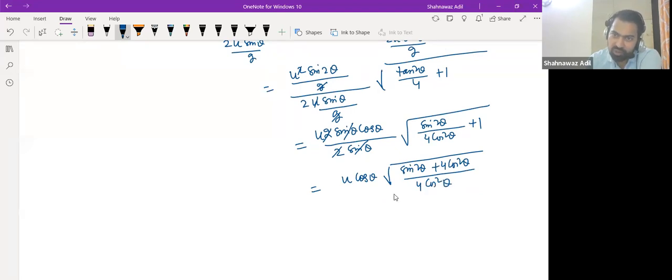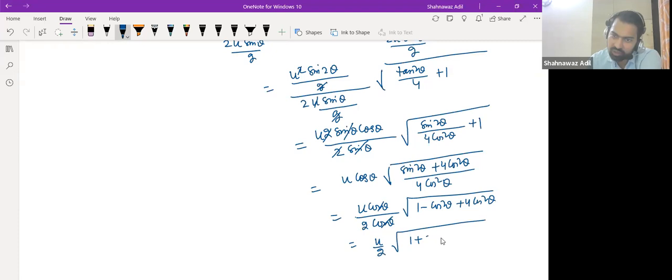We can take out 2 cos theta outside, so this cancels. And I can write this as 1 minus cos square theta plus 4 cos square theta. So this is u by 2 root of 1 plus 3 cos square theta. So this is the average velocity.